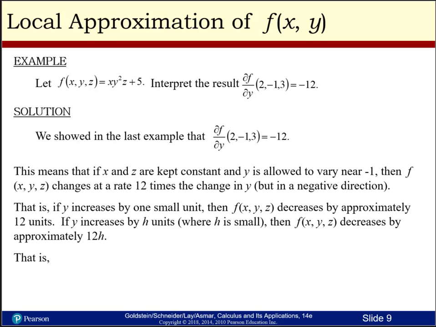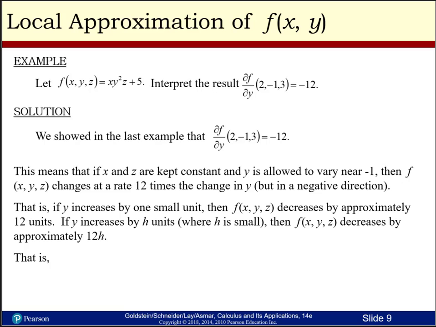So let's interpret that. We showed in the last example that it was -12. This means that if x and z are kept constant and y is allowed to vary near -1, then f of x, y, z changes at a rate 12 times the change in y, but in a negative direction. That is, if y increases by one small unit, then f of x, y, z decreases by approximately 12 units.